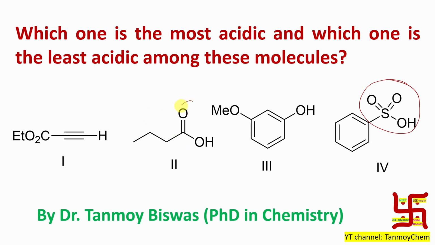Carboxylic acids are weak acids. Phenols are less acidic compared to carboxylic acids, and obviously alkynes are not that strong an acid at all. But if you compare sp3, sp2, sp, in that case the terminal alkyne proton, or sp proton, is the most acidic. That's another issue. So this is the overall discussion.